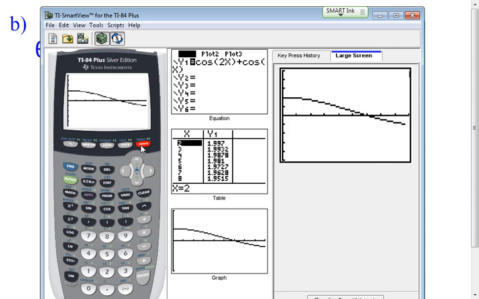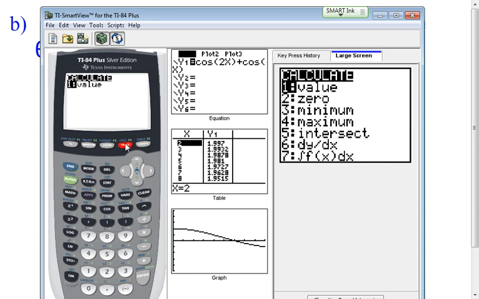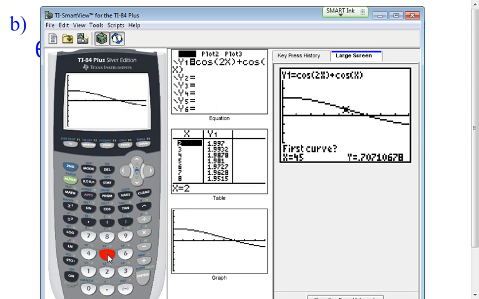Notice in this case that there is only one spot in the allotted window where that graph crosses the x-axis. So there's only one answer in this case. And I'm going to find that answer by doing second, trace. I'm going to start this over. Second, trace.